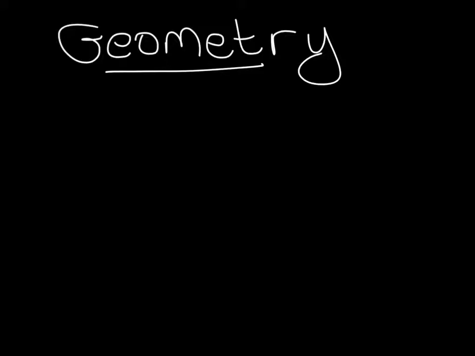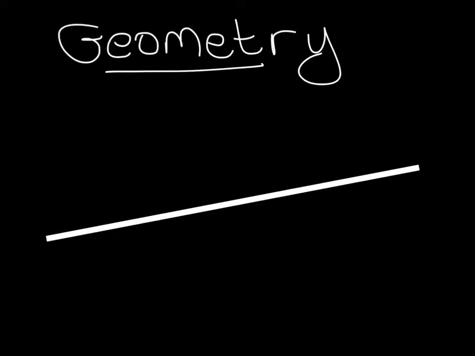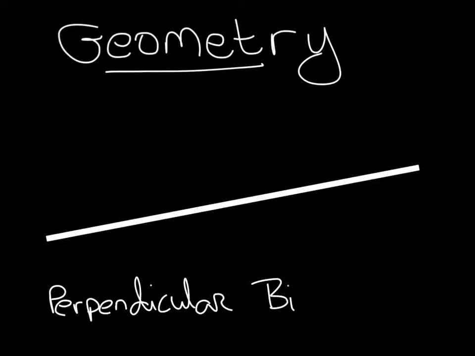So let's get started. First things first, I'm going to draw just a straight line, like so. Now if we wanted to get the perpendicular bisector, I'm just going to write that down: perpendicular bisector.